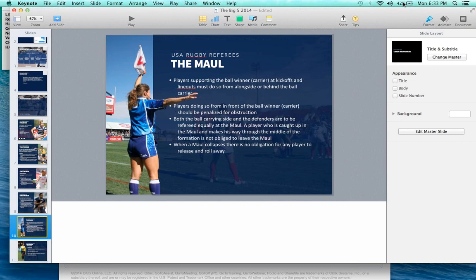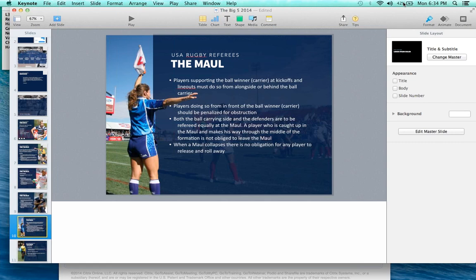A maul does not turn into a ruck once it goes to ground. So there's no obligation for that player to release and roll away. There is an obligation for the ball carrier's team, the offense, to produce the ball immediately.